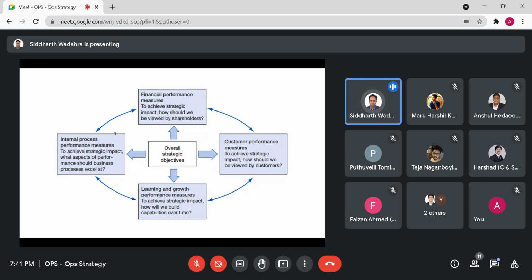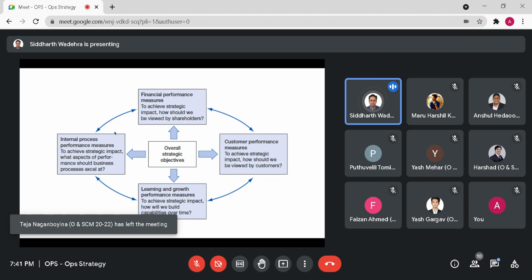And of course, internal process performance measures, where you're looking at certain process optimizations which you would want to improve on, to reduce the operational flab or any inefficiencies, to achieve the optimum internal performance.